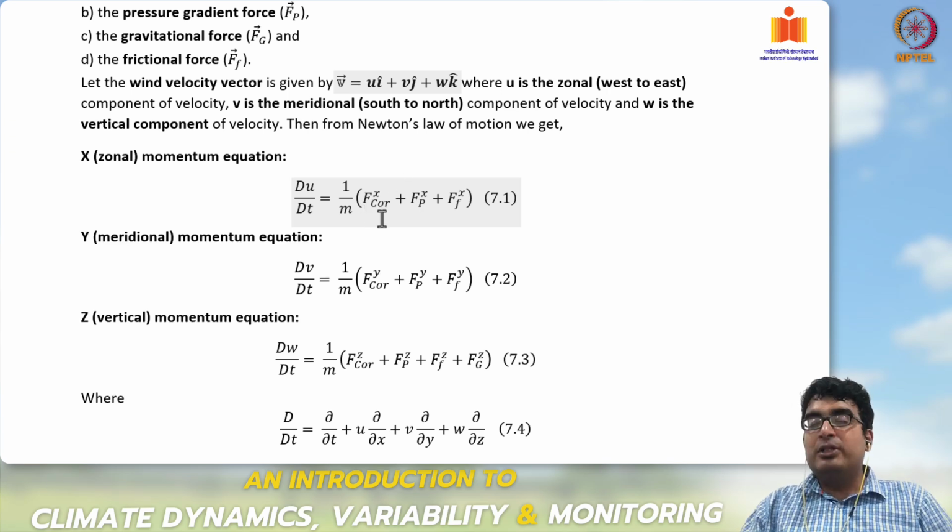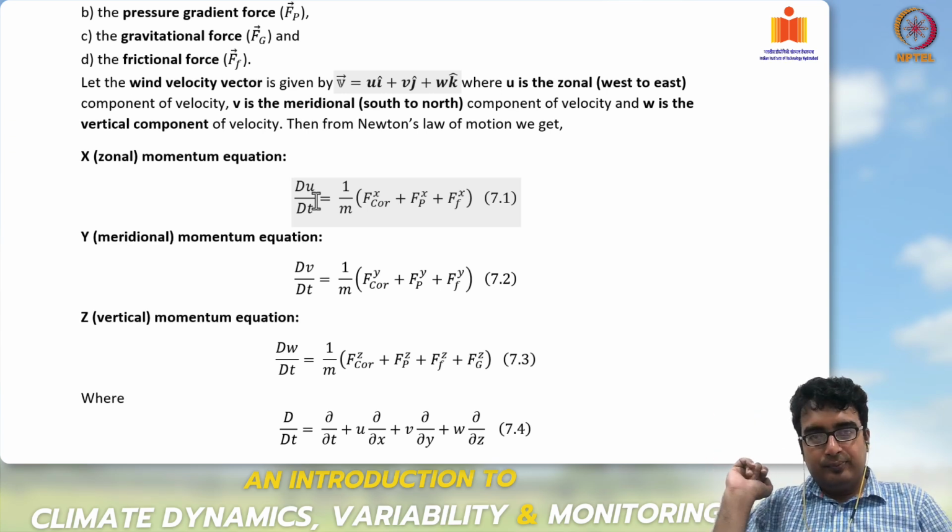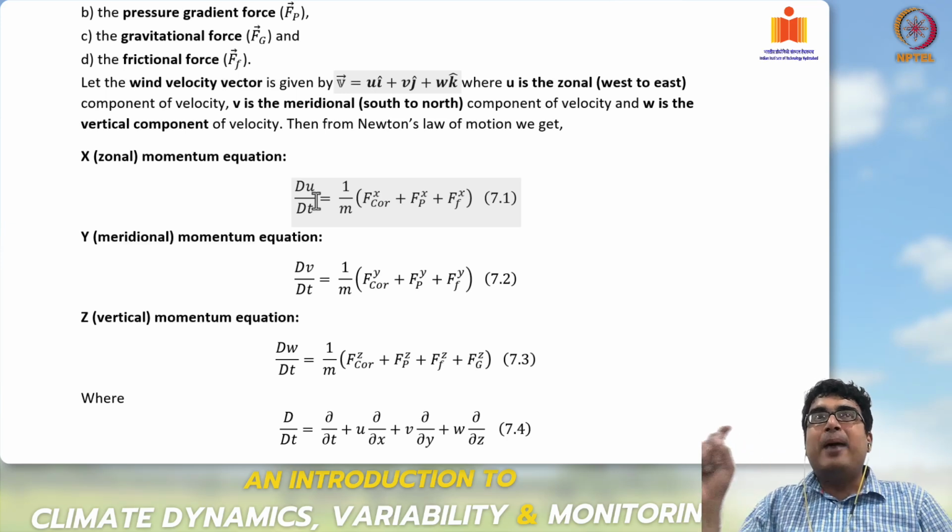If these two forces are balanced, equal and opposite to each other, then of course, because frictional force is negligible, du/dt itself is 0. That is, the velocity has reached a steady state. It is no longer changing with time or with space within that region. Okay. That is called geostrophic balance.